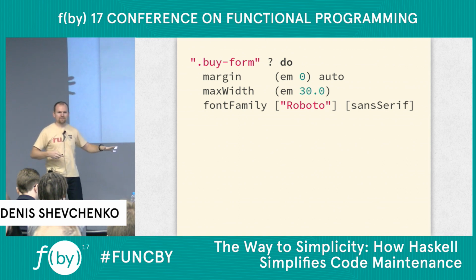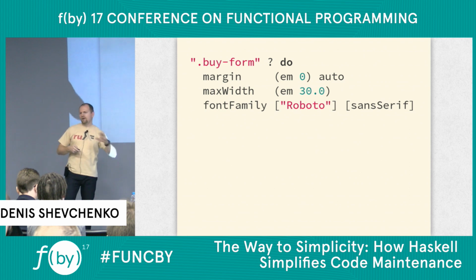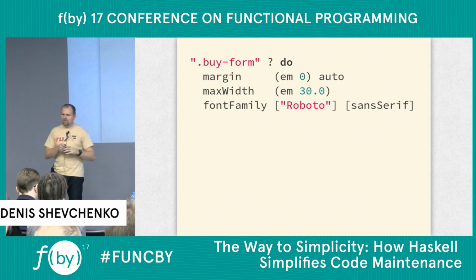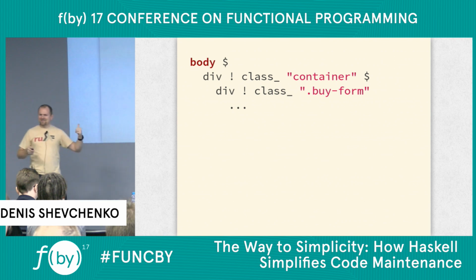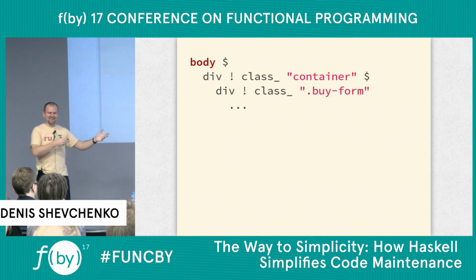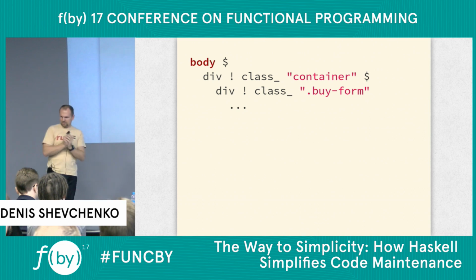So this is a style for a payment form for one payment service on the internet. And this is HTML written in Haskell. Another example. And if this code compiles successfully, we definitely know that our markup is valid.